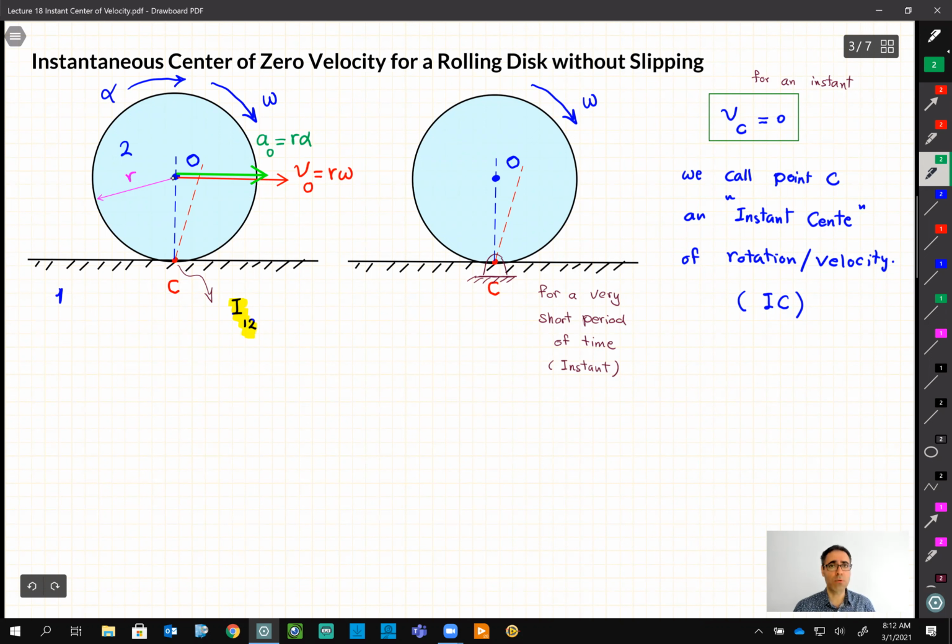Remember, always in this course, we said a point that is moving has two accelerations. One is normal, one is tangent. Here we know one of them, AO is R alpha. Do we have a normal acceleration? Yes or no? I'm going to check the chat and see what you are saying.